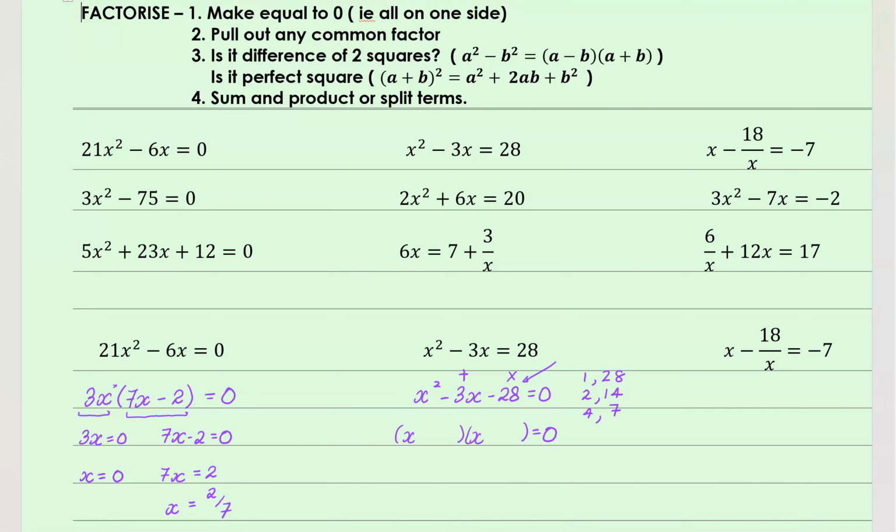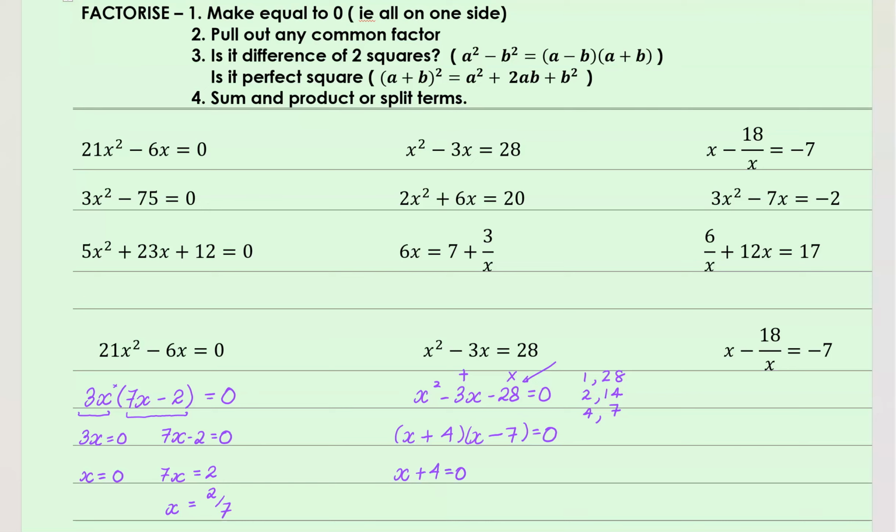So which are the only pair that we could possibly get 3 from? Well, it's got to be the 4 and the 7. And we want, when we add them together, we want positive 3. So that means it has to be minus 7 plus 4. Right? Hopefully this is all coming back to you. And of course, we're not done, because what we are solving for is x plus 4 equals 0.